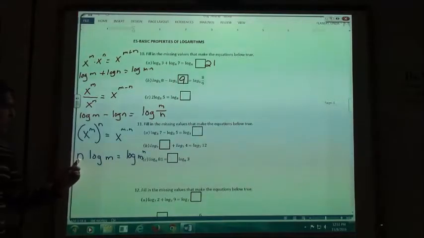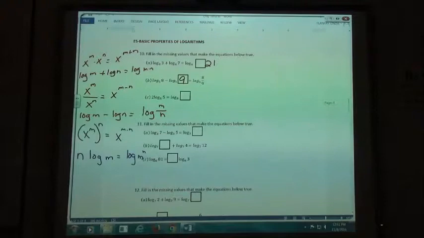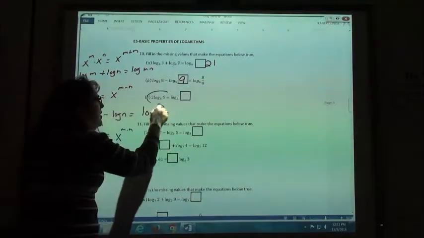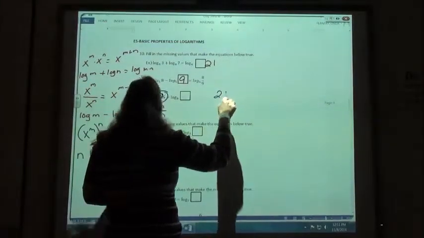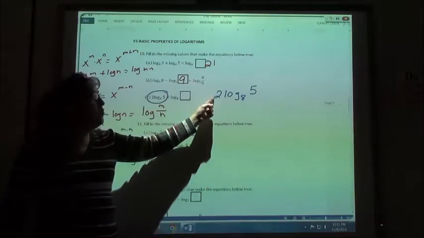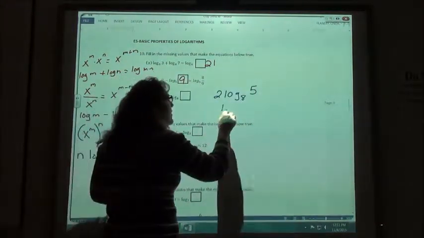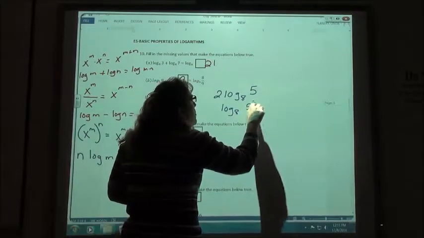When I'm multiplying times a logarithm, it becomes the exponent on my logarithm. So here, if I have 2 log base 8 of 5, the 2 becomes the exponent over here. So I would get log base 8 of 5 squared.